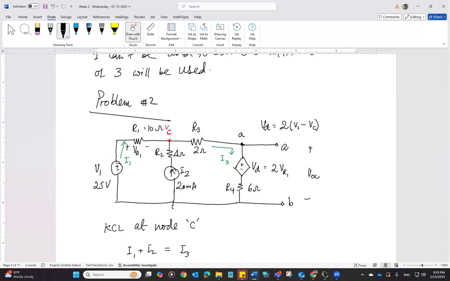Basically, this is pretty much similar to a circuit that you can draw something like this. It will be a similar circuit basically. So therefore, we cannot eliminate this branch.